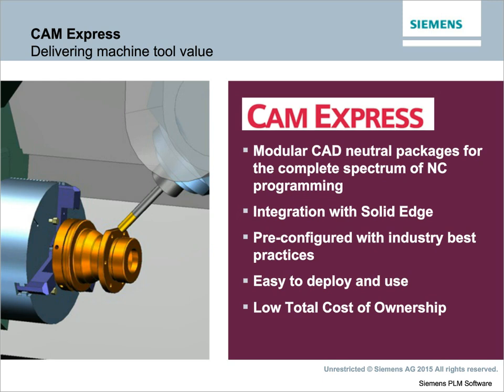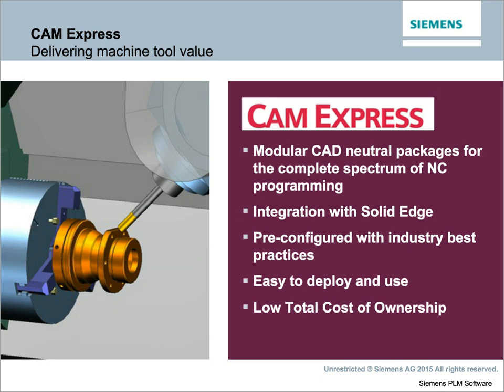CAMexpress from Siemens PLM software is an in-depth, highly flexible system that allows you to maximize the value of your investment in the latest, most efficient, and most capable of machining tools. Easy to deploy and easy to learn, CAMexpress provides powerful NC programming with a low total cost of ownership and is a popular choice in the mold and die aerospace industries.